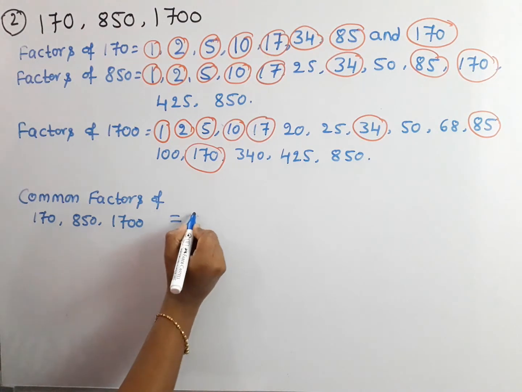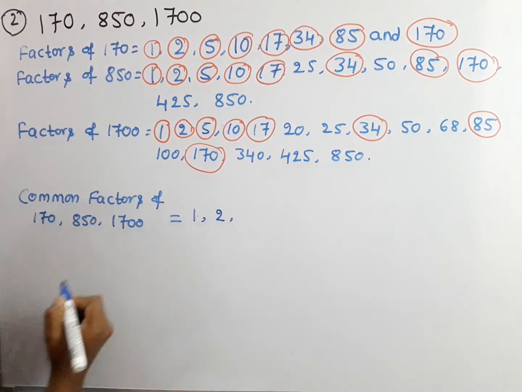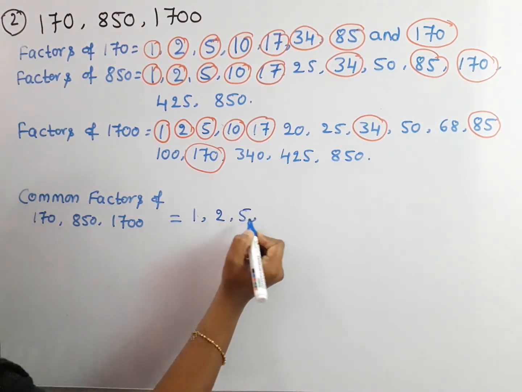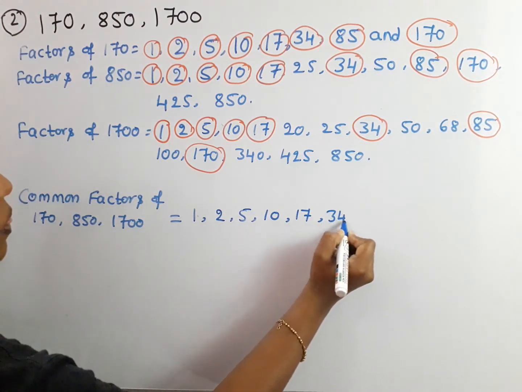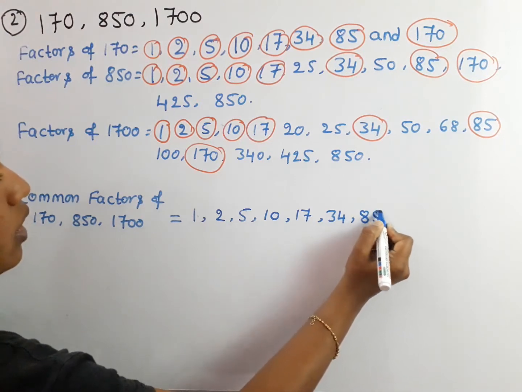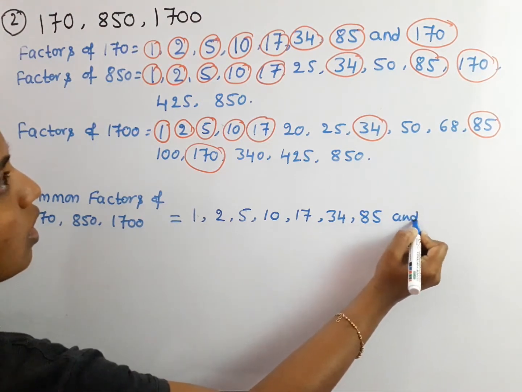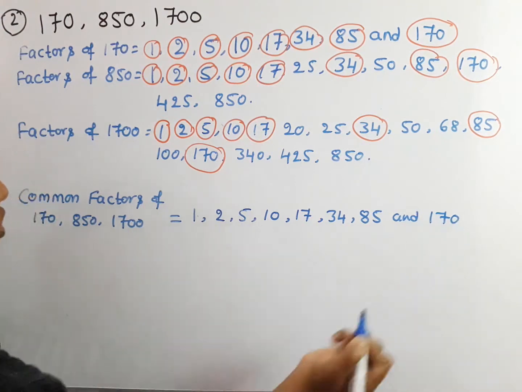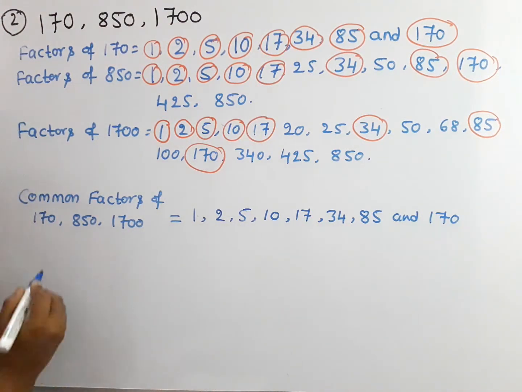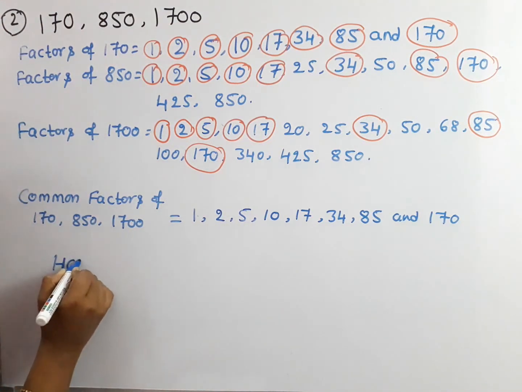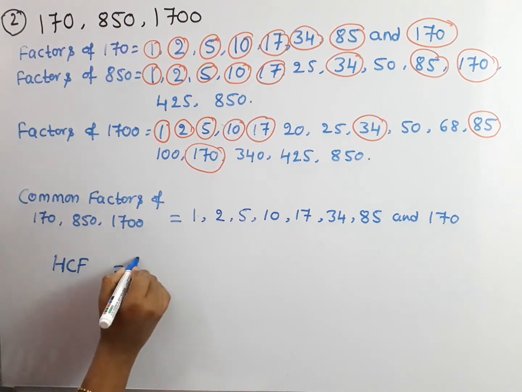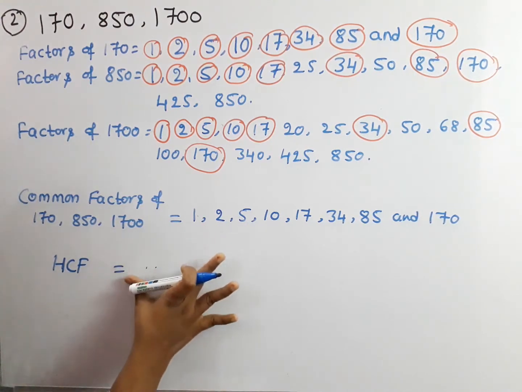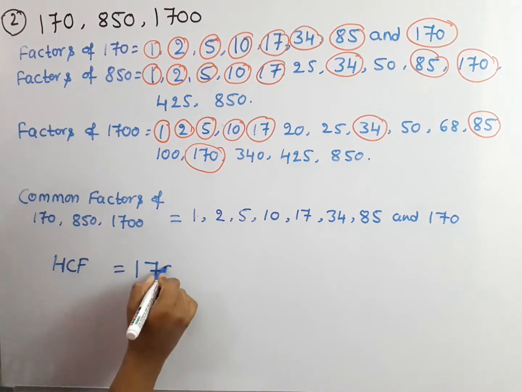So here write 1, 2, 5, 10, 17, 34, 85 and 170 are the common factors of these three numbers. So in this, which one is the highest common factor? Which one is the greatest common divisor? So greatest common divisor is 170. So HCF is 170.